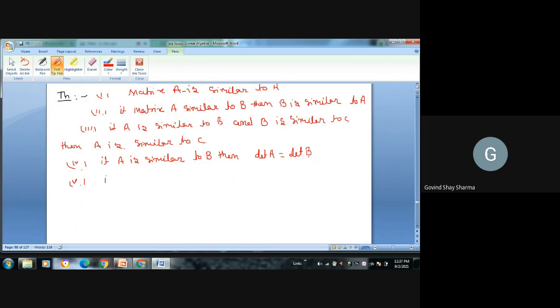If A is similar to B, then trace of A is equal to trace of B.